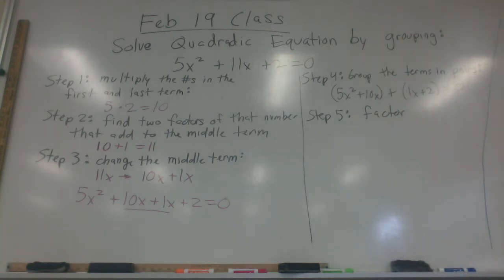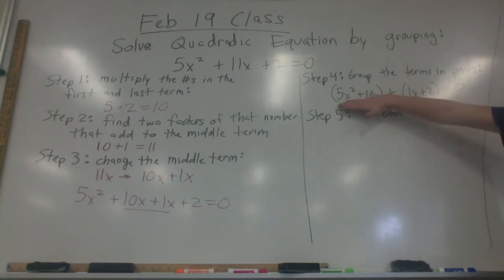Alright. It actually gets easier from here. So now we're going to factor both of these sets that we made. If I take a look at 5x squared plus 10x, what can I factor out? An x, what else? And a 5.